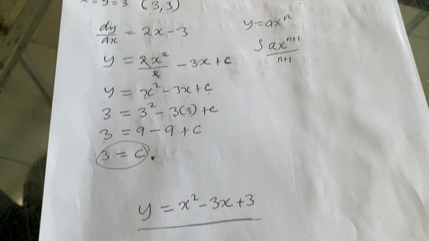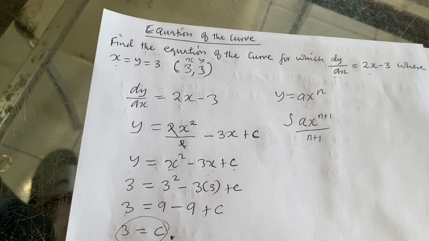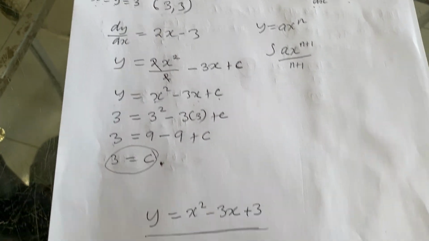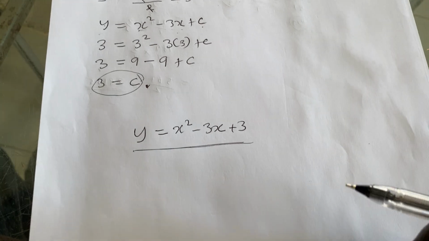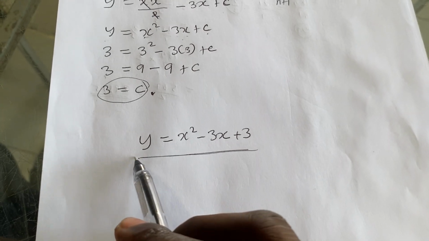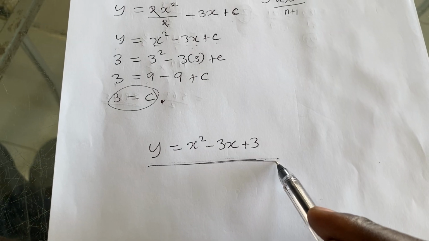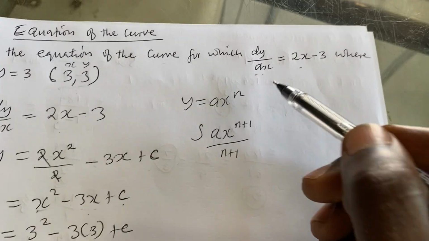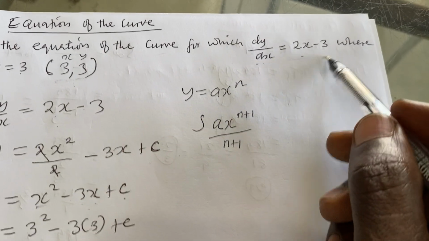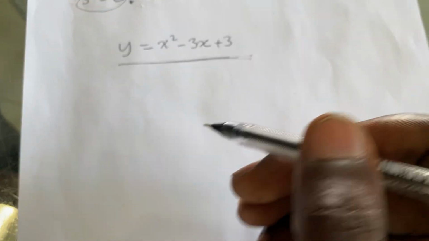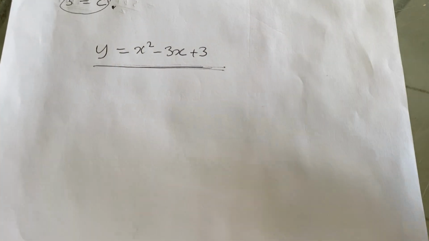That's how you can find it. If you are doubting, you can say, let me find the dy dx of this function to see if it will give me this one. This is not part of the solution, mind you. We're just proving to see if this function is correct.